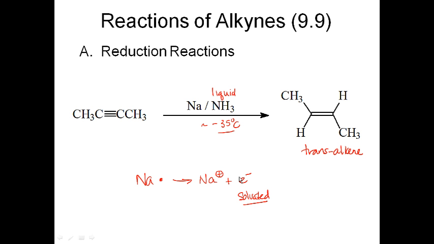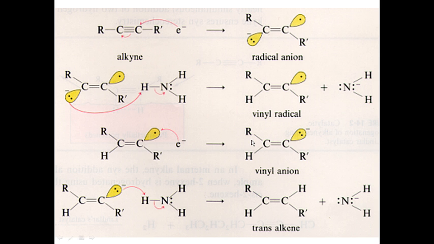Well, this is the best reducing reagent that you can have. If gaining electrons is reduction, then having just a single electron that you can throw at a molecule is a great way to reduce it. And so what happens in this reaction is the following.